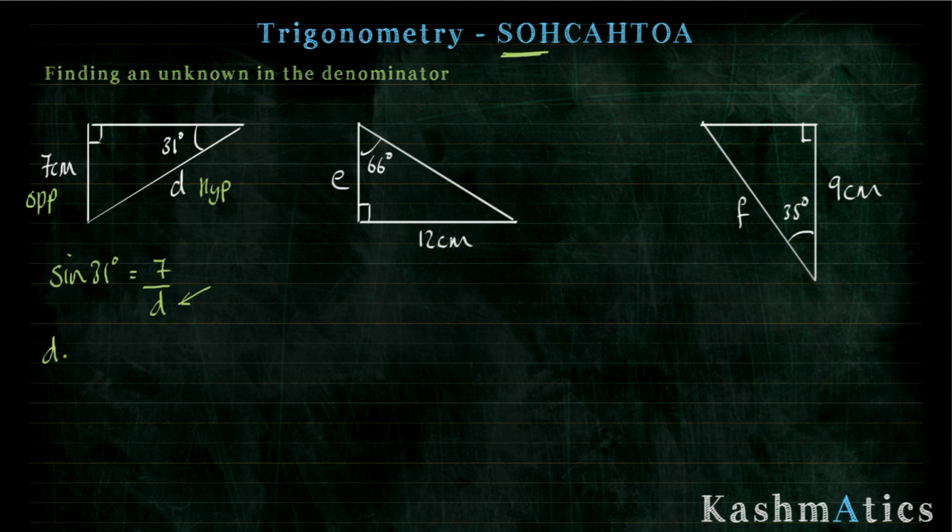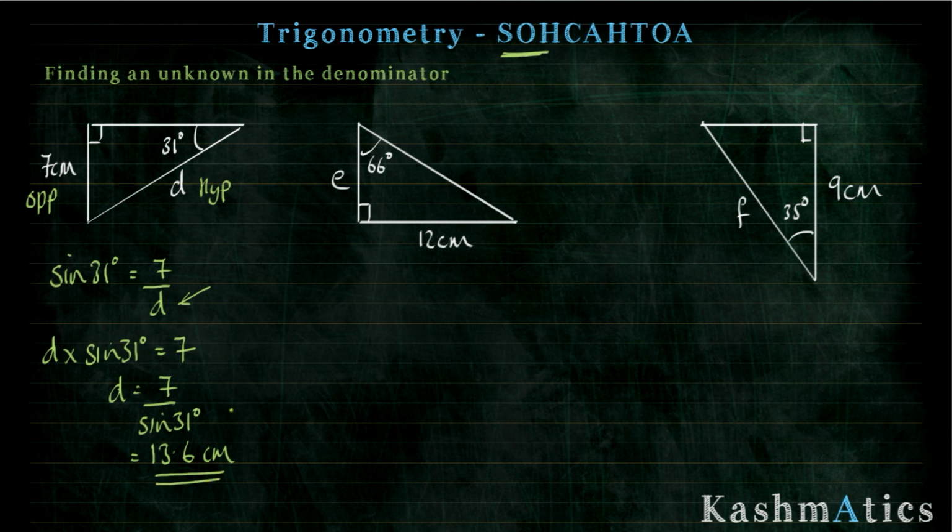So d multiplied by sine 31 equals 7. But I still haven't got that length on its own, so what I need to do now is divide through by sine 31. So d equals 7 divided by sine 31 degrees. Then I type that into my calculator, and I get 13.6 centimeters.